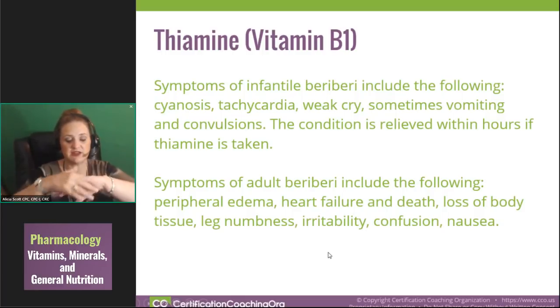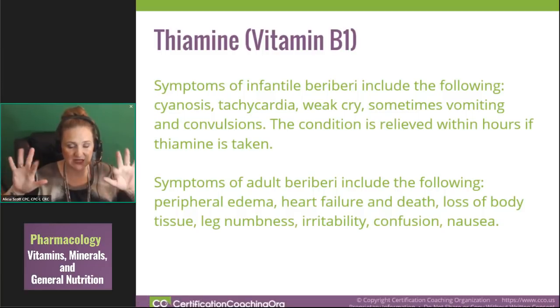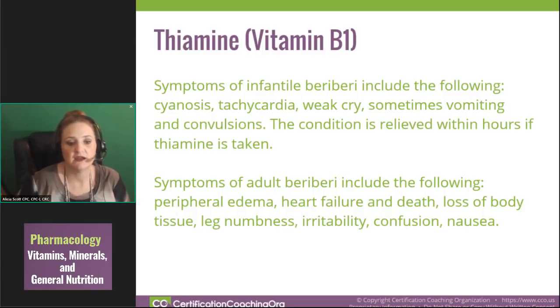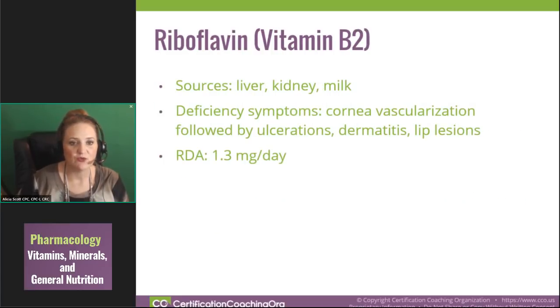Peripheral edema means everything peripherally, your extremities, having swelling, loss of body tissue. The body eats itself trying to get enough of the thiamine, and confusion, irritability, and all they need is more thiamine. Not always, but as we age, if we have a beriberi, that can show up.